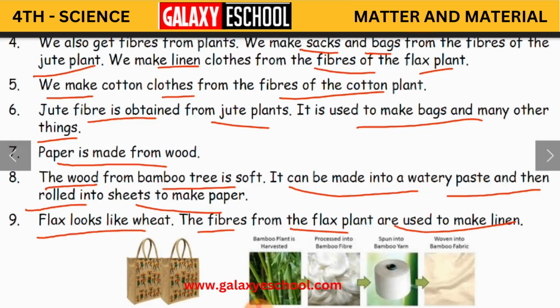As we get cloth from cotton, we get fiber that we can make into cloth. That is the linen cloth, from the flax plant. Clear, children? See here, it is shown how the fibers of the plants are made into cloth. So these are the materials which we get from plants.